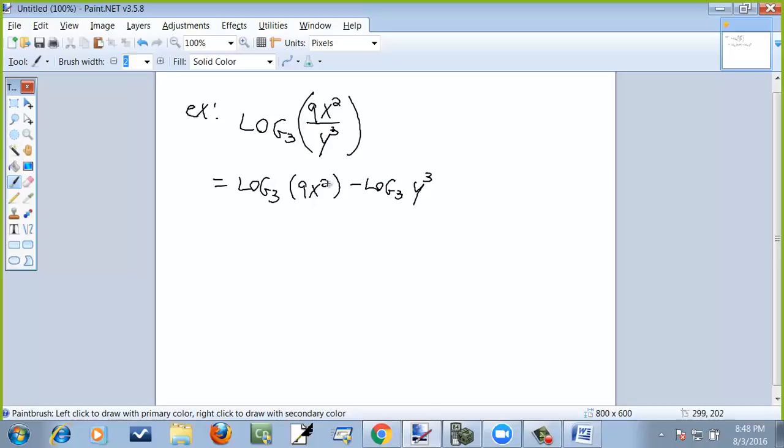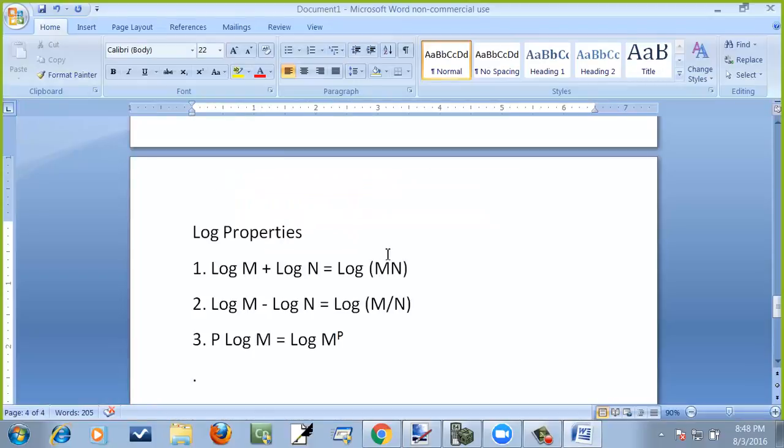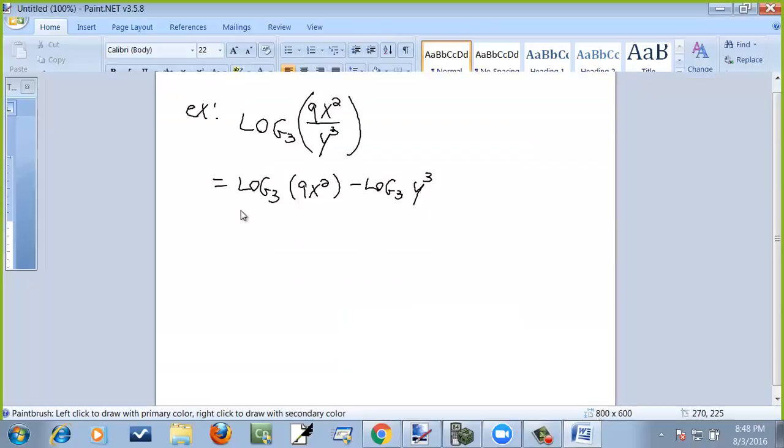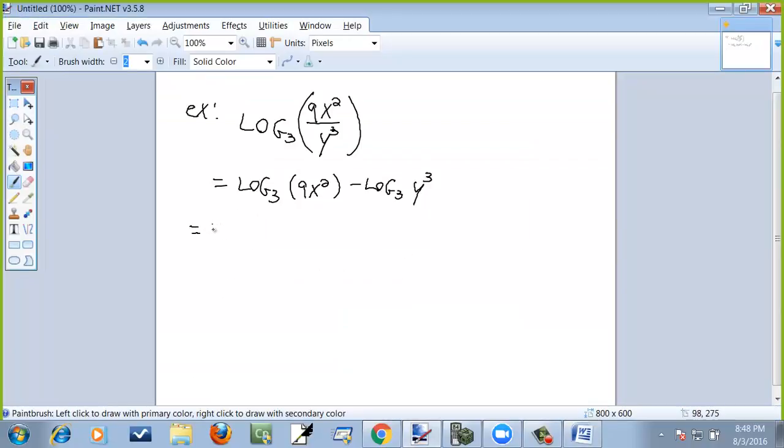The second power would not use everything because the second power only applies to the x. So multiplication is the main thing that's happening. And so from property 1, multiplication becomes addition. So this is going to be log base 3 of 9 plus log base 3 of x squared. And this carries down. Minus log base 3 of y to the third.